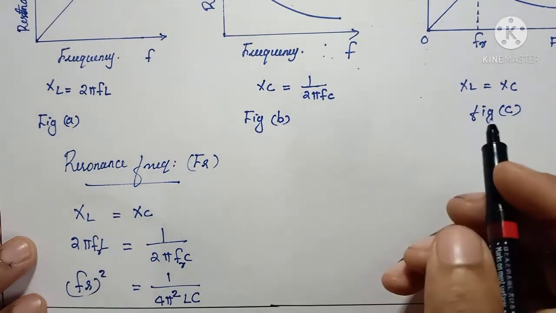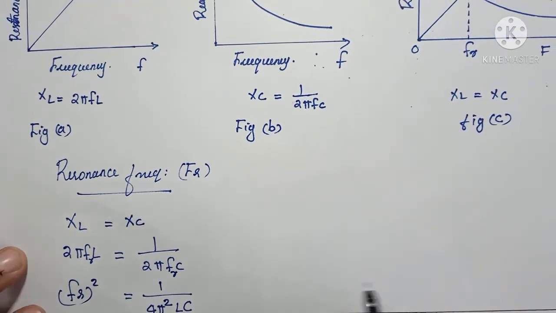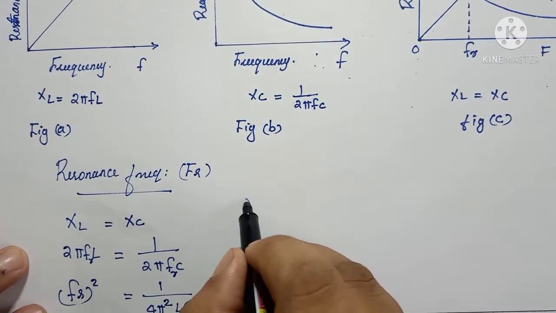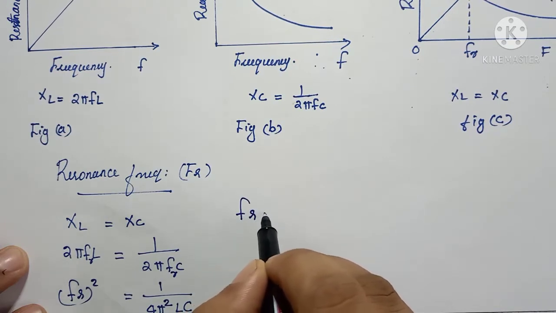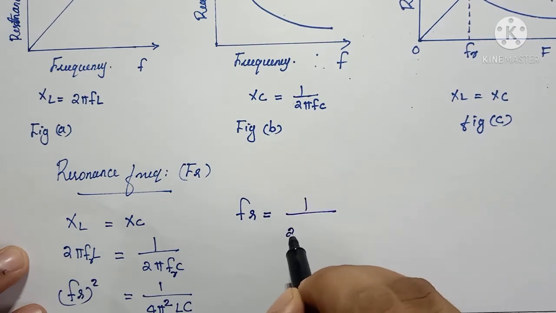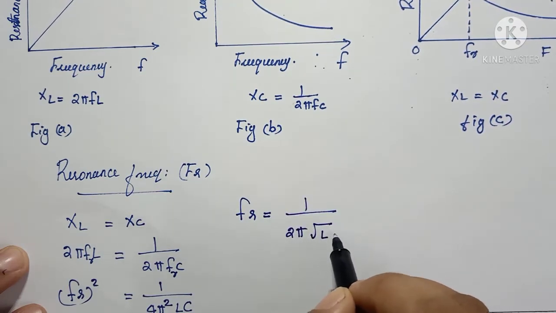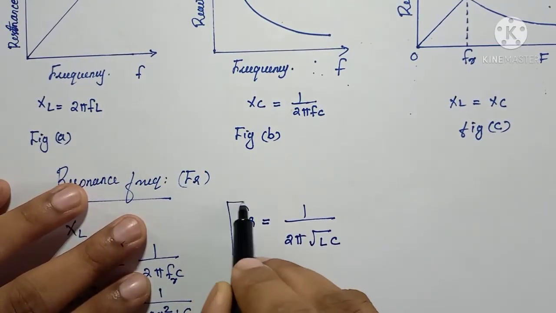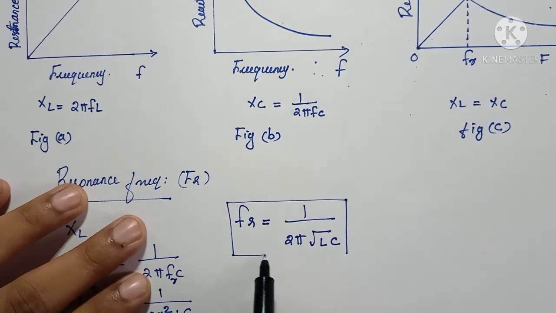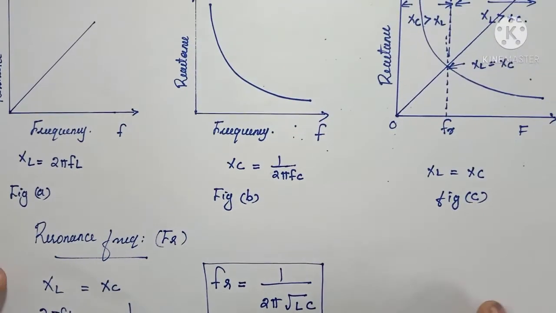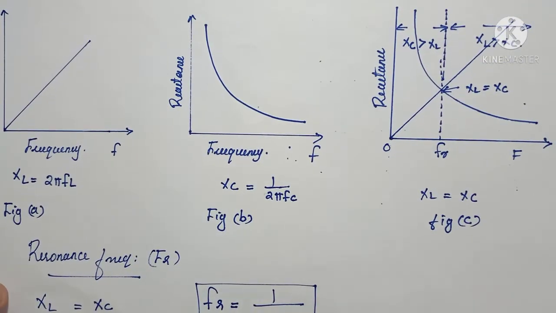Taking the roots, we get the resonant frequency Fr equal to 1 by 2 pi root of LC. This is the equation for resonant frequency, and its unit is hertz.